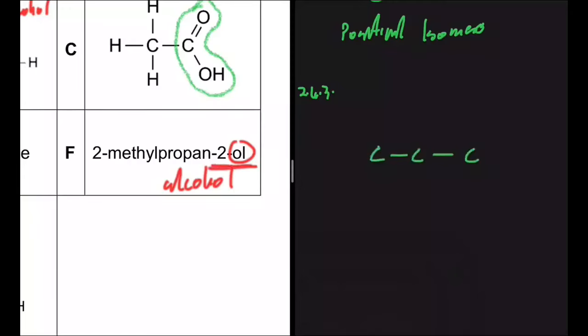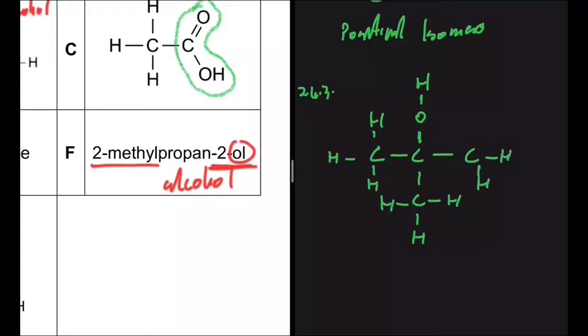This 2-ol tells us that the OH is on the second carbon. So let's have that OH right here. And then this 2-methyl, we have a branch on the second carbon. So we're going to have 1 carbon there, and then we are just left with the hydrogens, and we have the structural formula of compound F just like that.